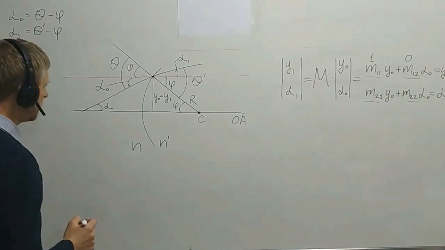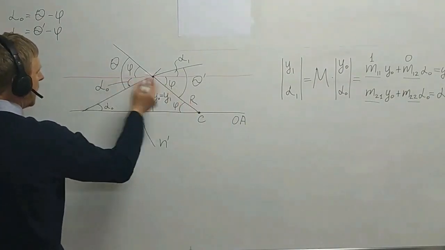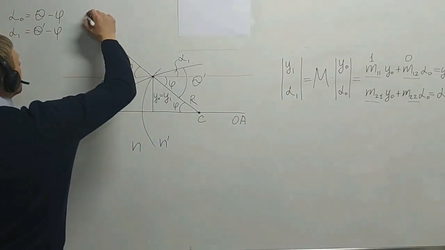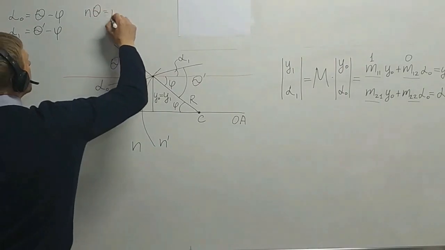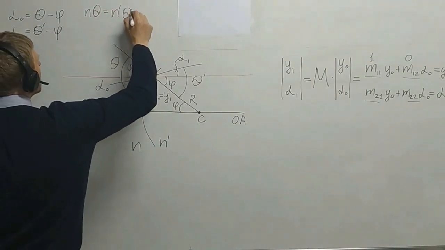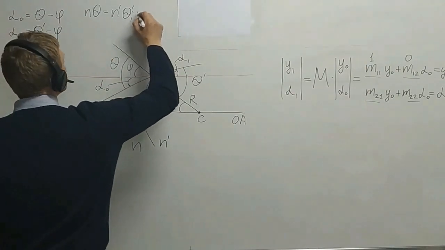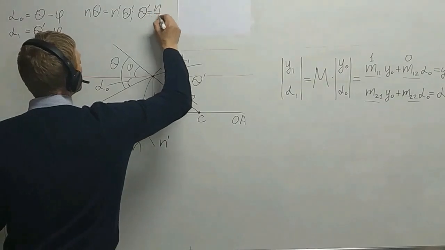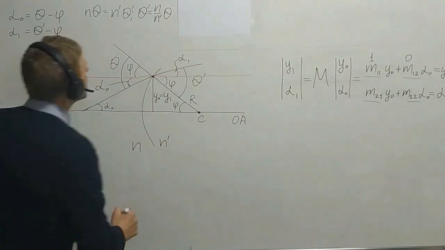Now the theta and theta prime are connected by Snell's law. So I can write that n theta is equal to n prime theta prime, from where theta prime is equal to n over n prime times theta.